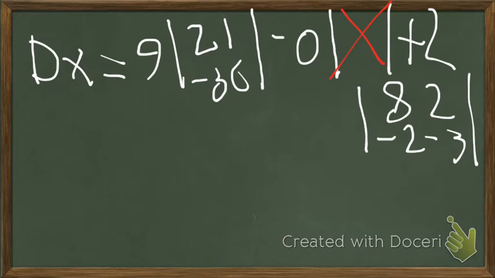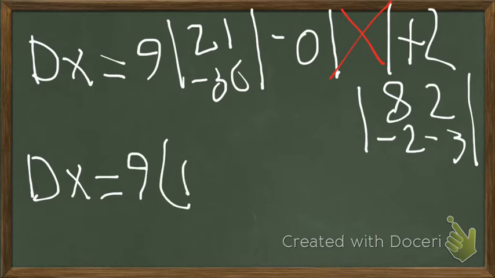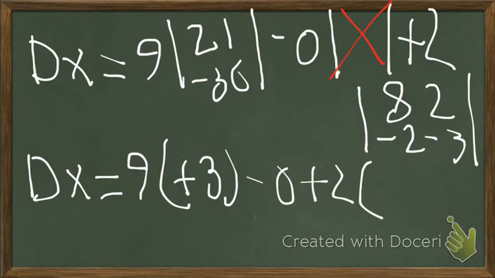So now that we started, we can continue solving. dx is equal to 9 plus 3 minus 0 plus 2 times negative 24 plus 4.